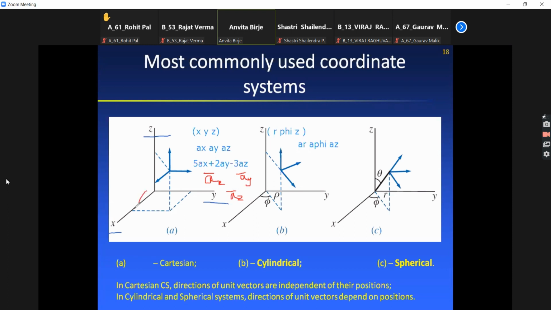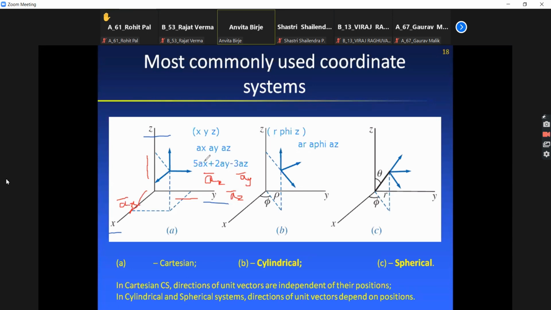So x के along जो unit vector रहेगा, that is a bar x. जो y के along रहेगा, that is a bar y. और जो z के along रहेगा, that is a bar z. तो ये यहाँ पे मैं suffix नहीं लिख पा रही हूँ, but actually आपको जो notebook में लिखना है वो ऐसे लिखना है. A bar x, a bar y, and a bar z. Okay, so 5 a bar x is there.